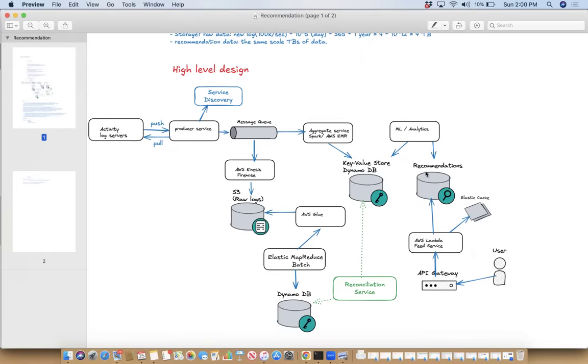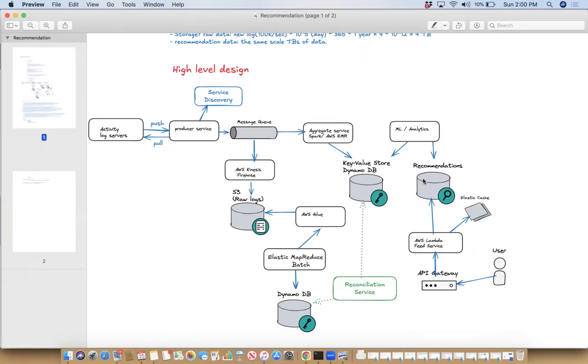These two data sets can be just key value stores and highly scalable, something like DynamoDB, for example, if we are using cloud to store them.